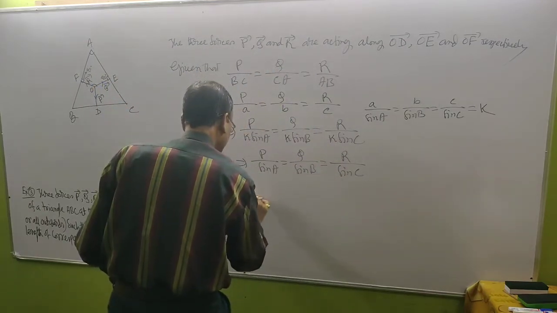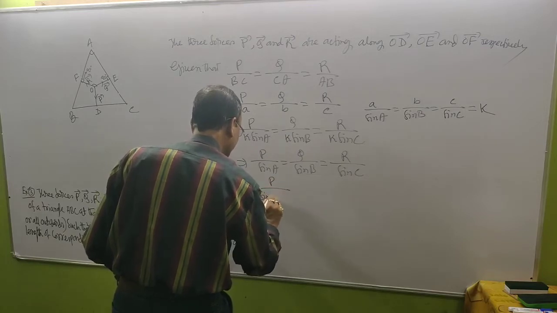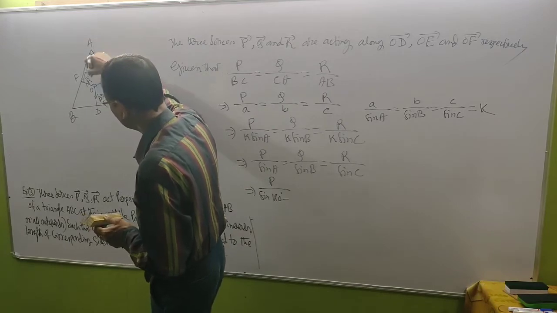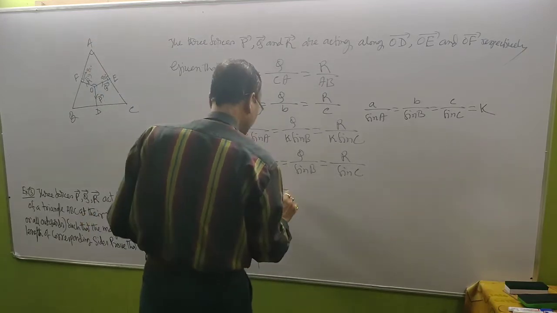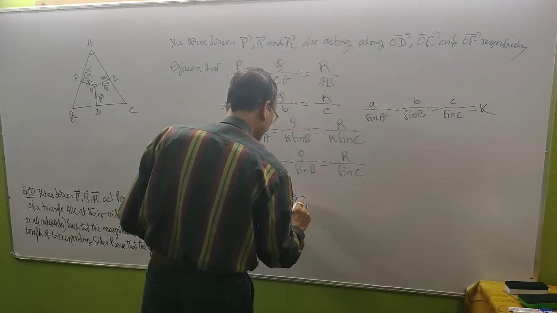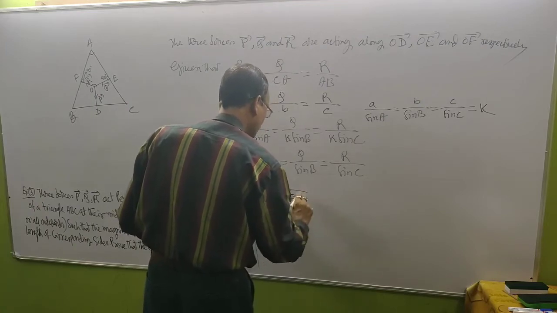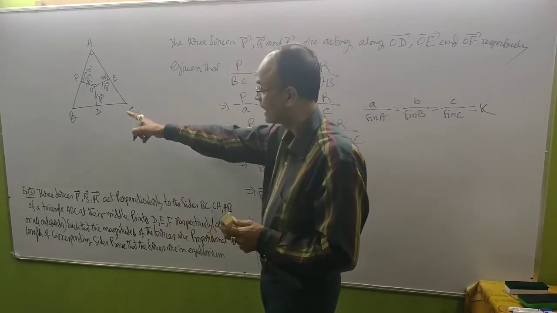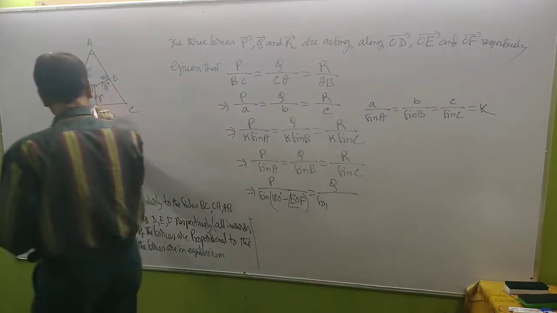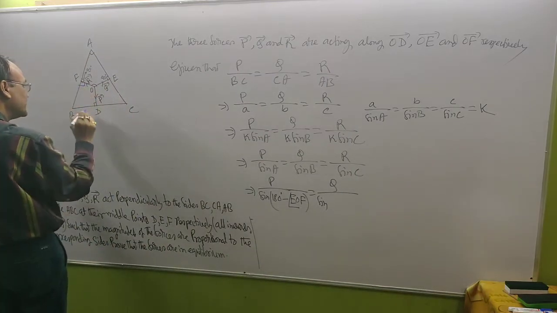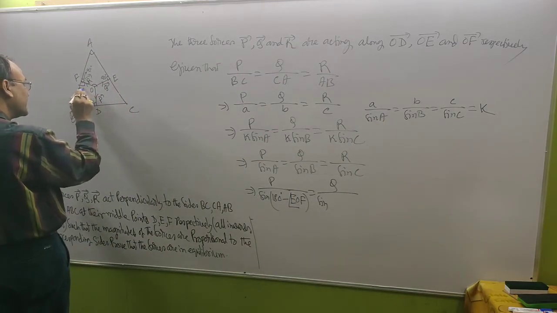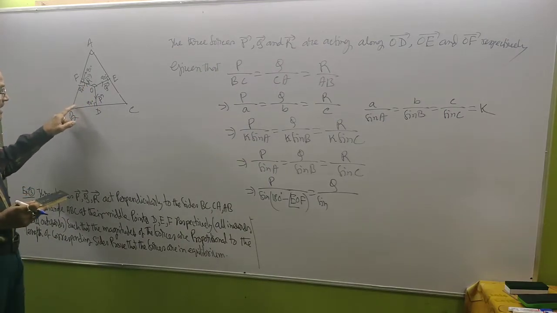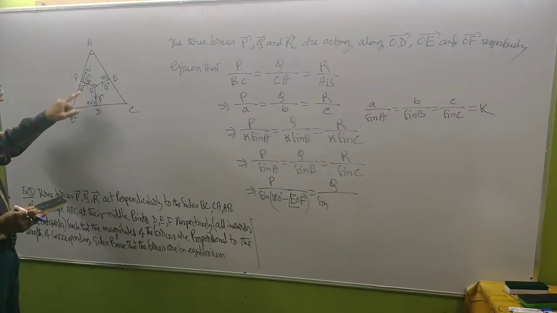Therefore, you will definitely get P by sin of 180 degree minus A. What will be this angle? EOF. You will get EOF. This is equal to Q divided by sin B. You see, this angle is 90 degree, this angle is 90 degree, this plus this plus this plus this equal to 360 degree.